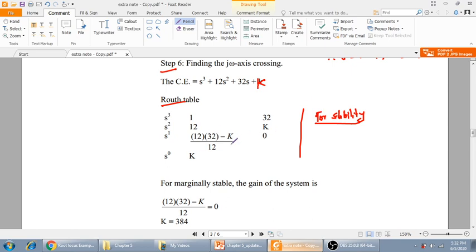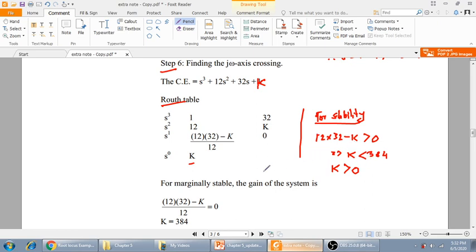So 12 times 32 minus K is greater than 0, which means K is less than 384. And we have another condition, that K is greater than 0.